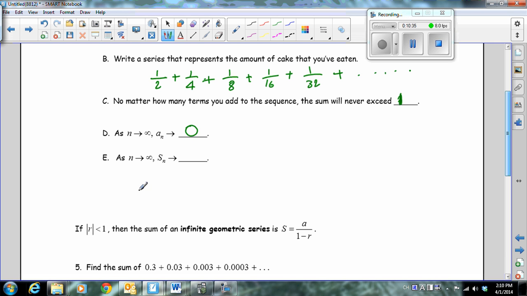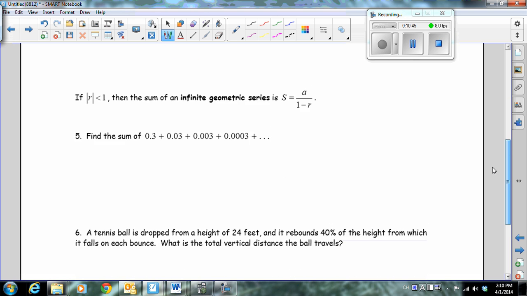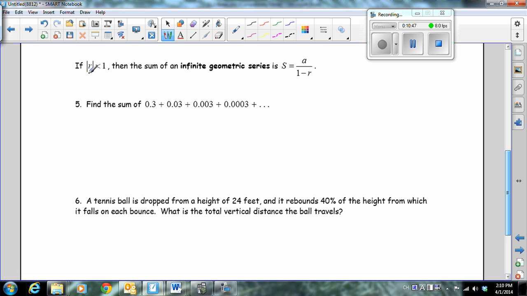Of course, it gets close to nothing. But as n approaches infinity, the sum of what you've eaten gets closer to the whole, meaning to 1. If the absolute value of r, which is the absolute value of the common ratio, is less than 1, then the sum of an infinite geometric series is S equals a over 1 minus r.